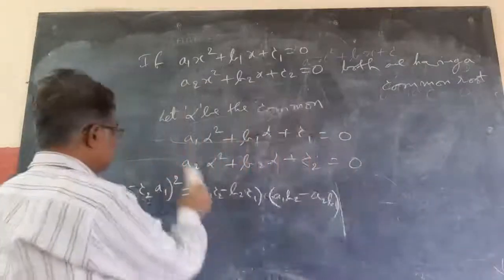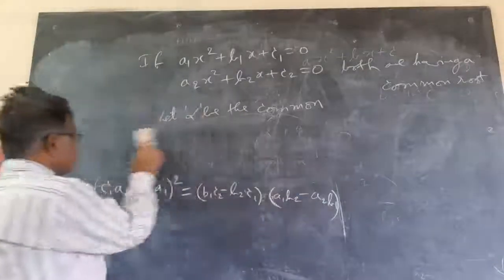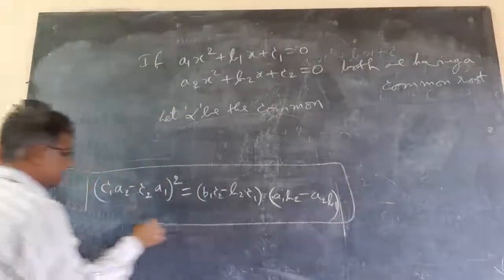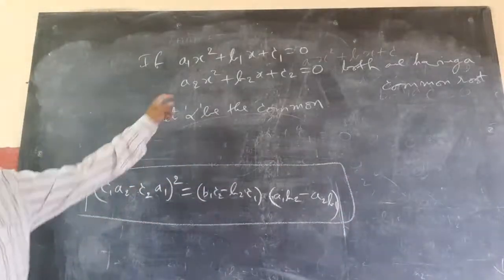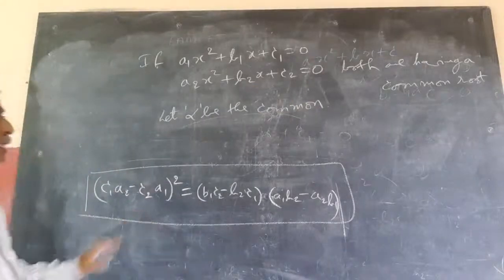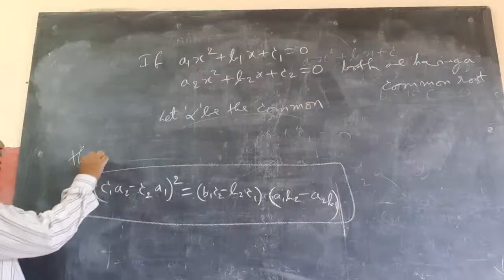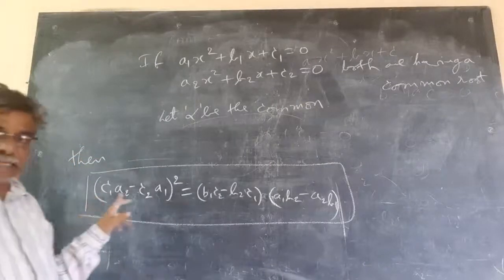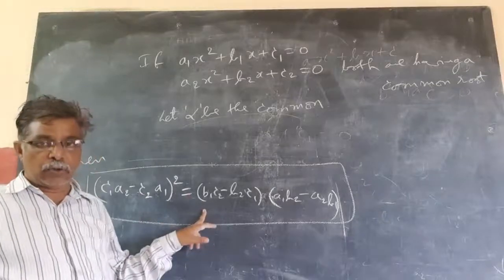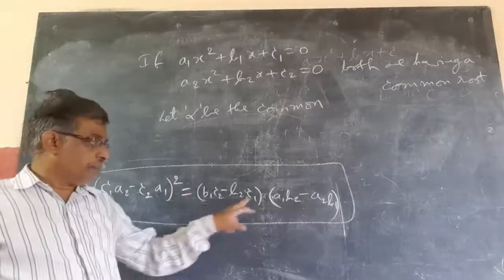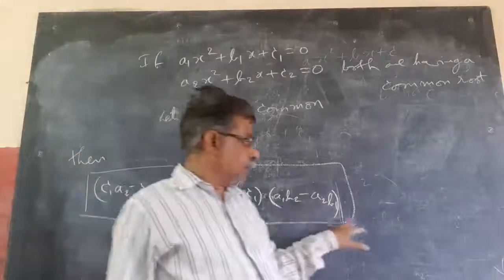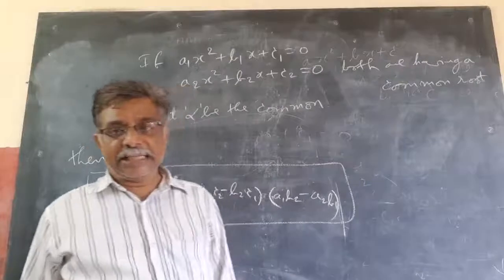If two equations a1 x square plus b1 x plus c1 and a2 x square plus b2 x plus c2 equal to 0 are having a common root, then the required condition is (c1 a2 minus c2 a1) whole square equals (b1 c2 minus b2 c1) into (a1 b2 minus a2 b1).